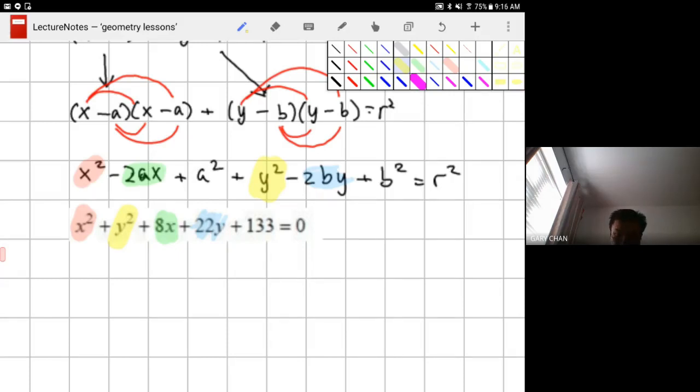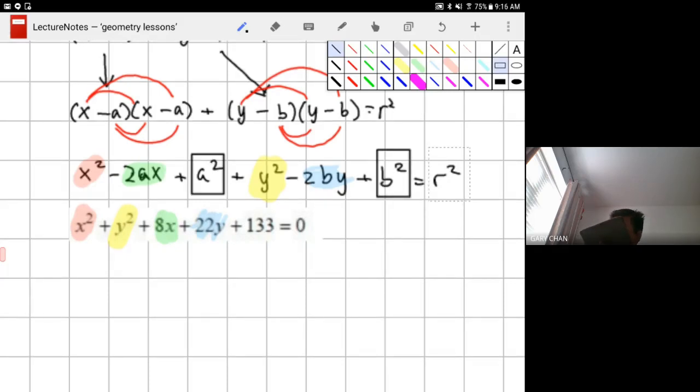However, with that said, I want you to keep in mind what is meant by this a squared term here. What is meant by this guy right here, this guy right there, and r squared?